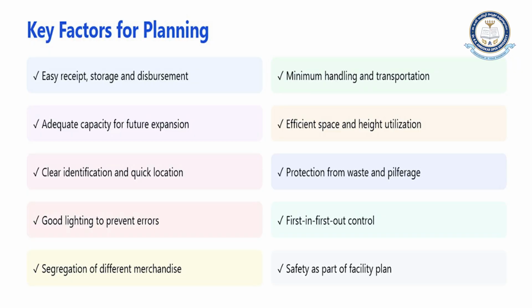Next, key factors for planning. So, the factors for planning the stores management are easy receipt, storage and disbursement, adequate capacity for future expansion, clear identification and quick location, good lighting to prevent errors, segregation of different merchandise, minimum handling and transportation, efficient space and height utilization, protection from waste and pilferage, first in first out control.